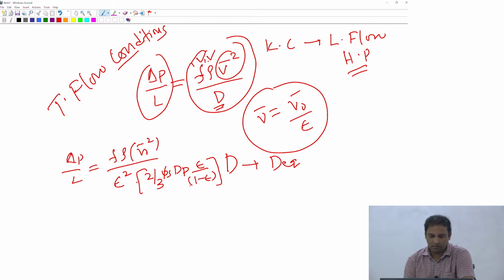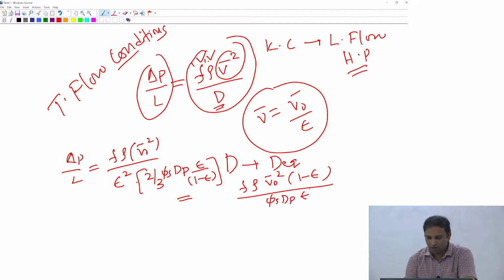Therefore that becomes f into rho into V naught bar square, and this 1 minus epsilon goes up, divided by phi s dp into epsilon cube at the bottom, and that's going to be 3 by 2.